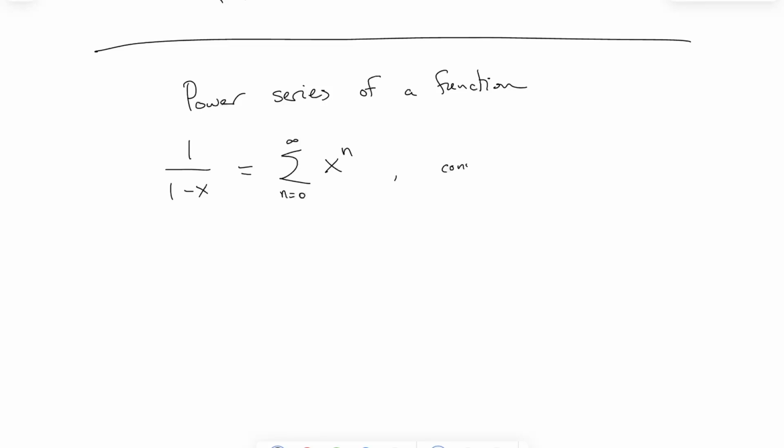And this converges when the absolute value of x is less than 1. So this is kind of like our starting point, and then today we're going to talk about simple variations of this and eventually getting to not so simple variations. Actually, you can get pretty far just by looking at variations of this one series.